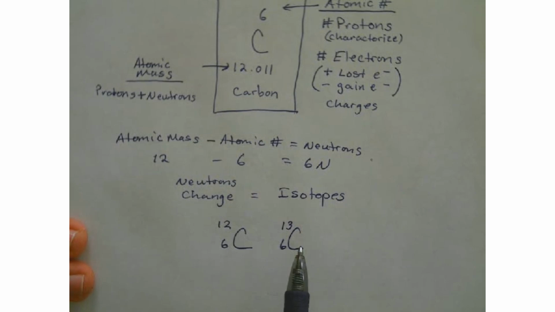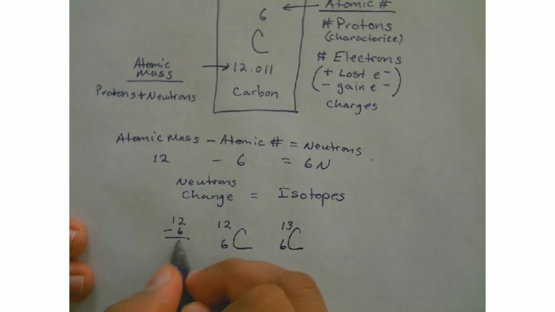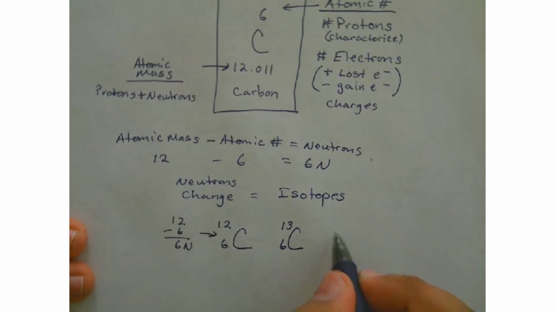Well, if I do 12 minus 6, that tells me I got 6 neutrons, right? This guy. Well, if I go 13 minus 6, that tells me I got 7 neutrons. So when we're talking about isotopes, all you're doing is recalculating the number of neutrons. They're telling you the neutrons are different, okay?